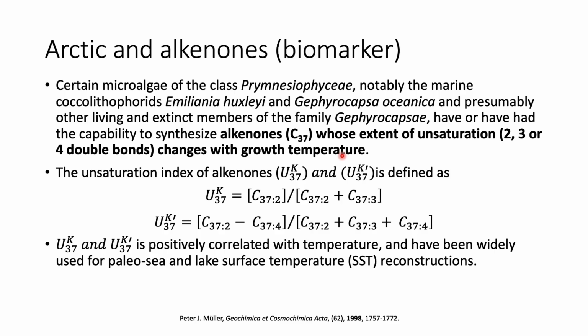So now we are going to relate how the surface temperature can be measured by simply measuring the chemicals that are being produced by these microalgae and other species. The unsaturation index of alkenones is given a letter U, UK37. So 37 is the number of carbons, and there is also UK prime 37.